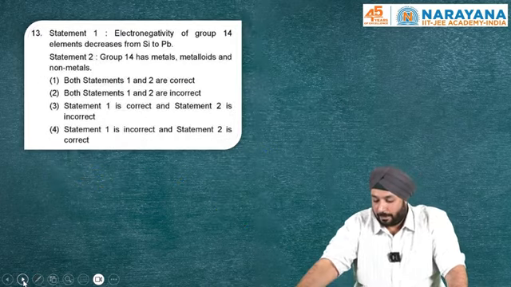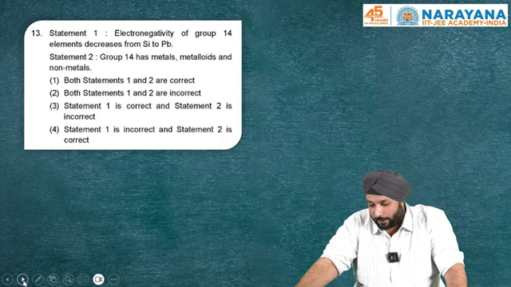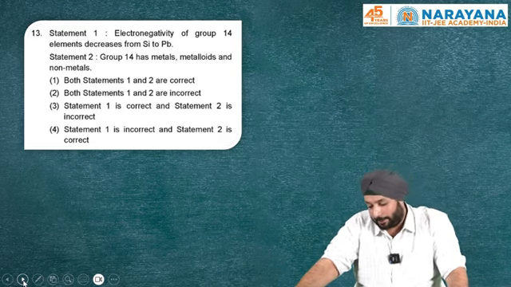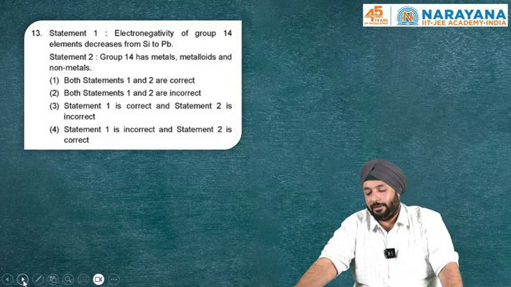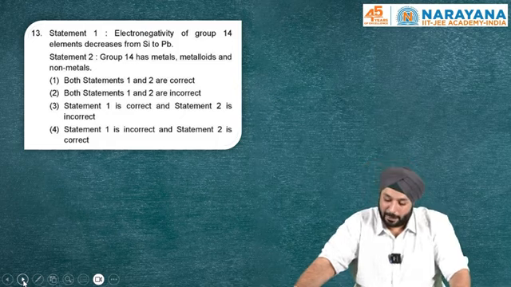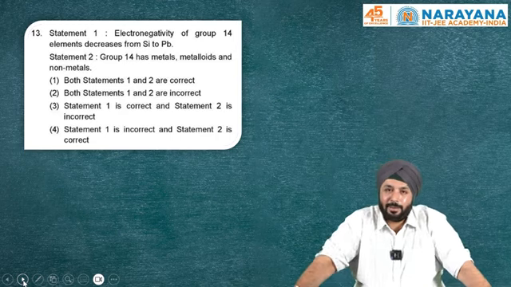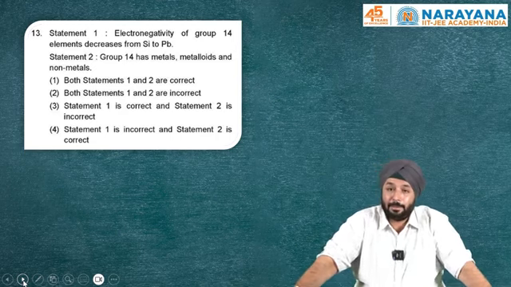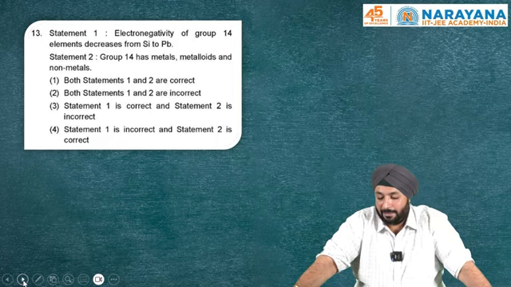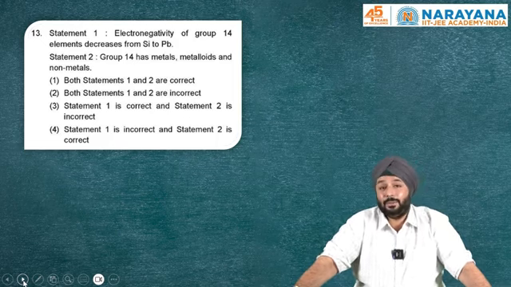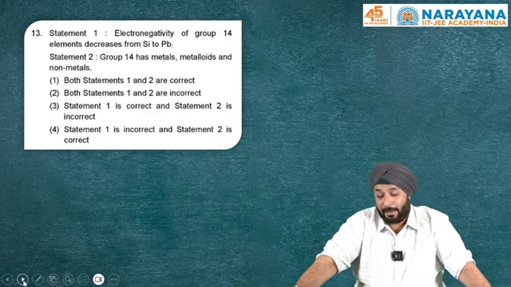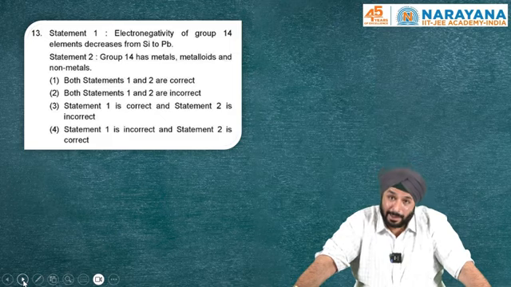13. Statement 1: Electronegativity of group 14 elements decreases from silicon to lead. Listen, this question came directly from group 14, that is the p-block, right? And Narayana told students specifically, and we made them remember all those trends.